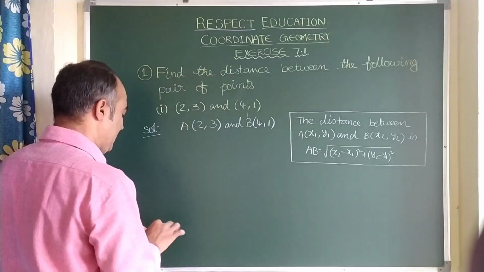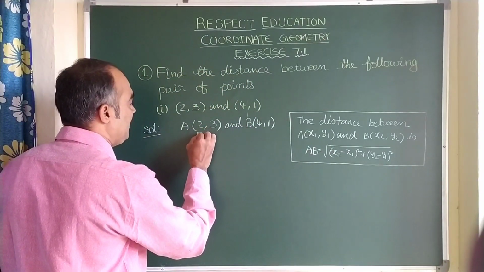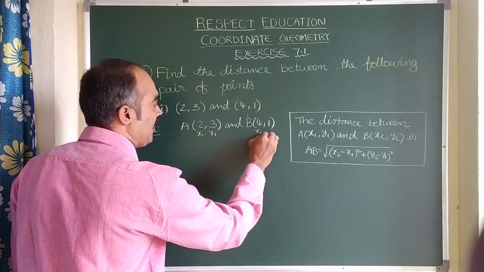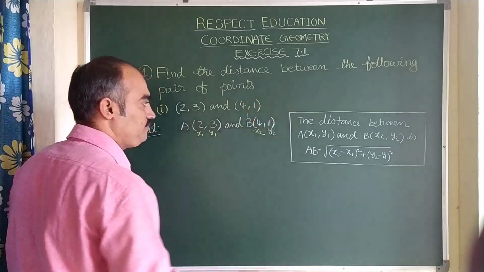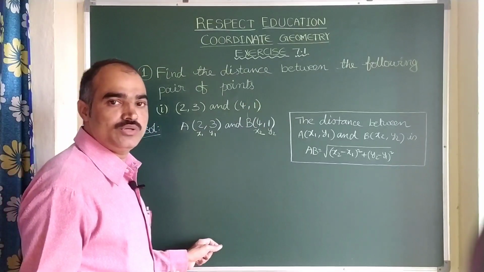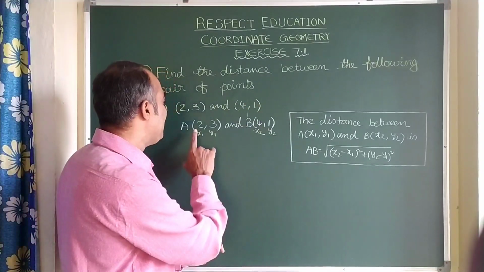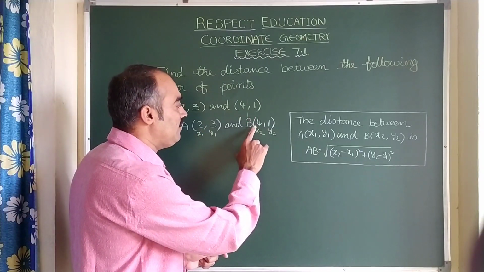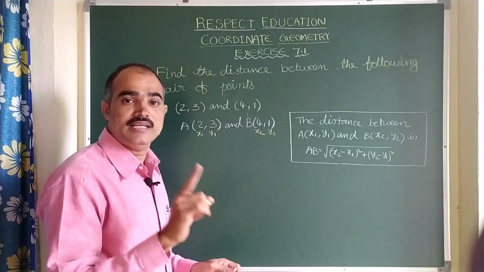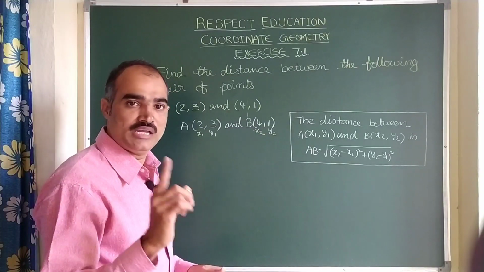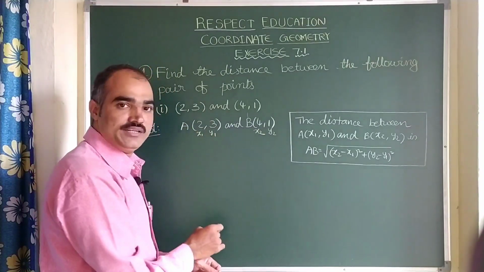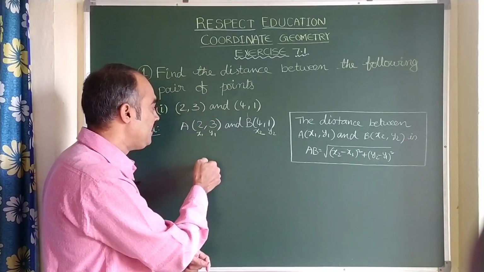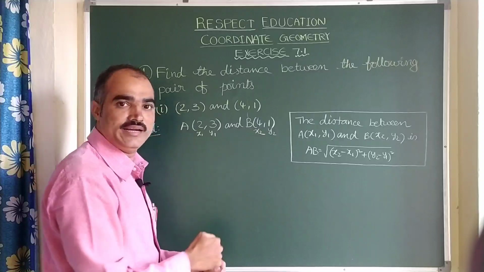Now here we can take 2, 3 as x1, y1, and this as x2, y2. Some students may be confused and take this as x1, x2 and this as y1, y2. That is absolutely wrong, children. Every coordinate point has an x coordinate and a y coordinate.